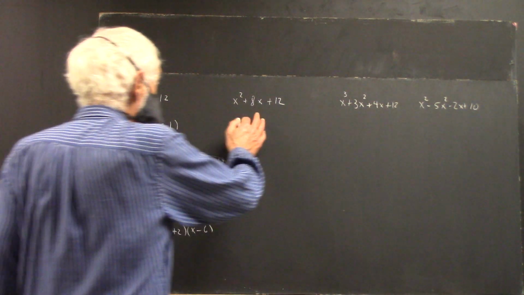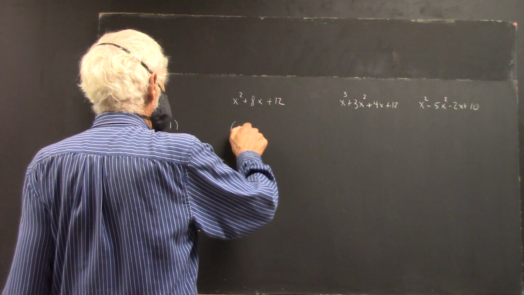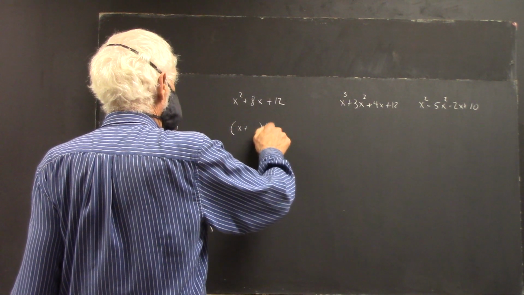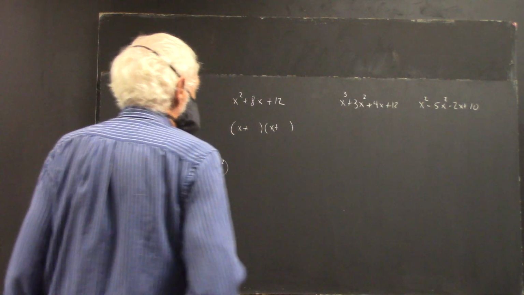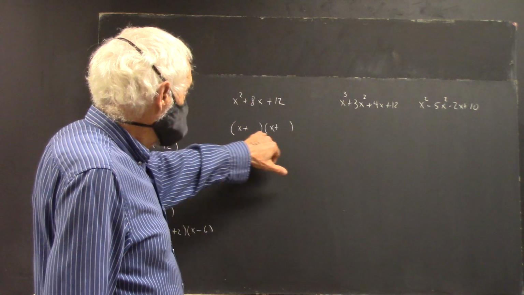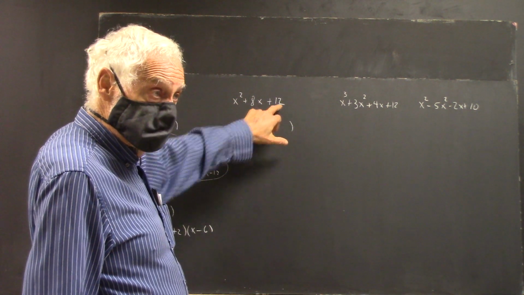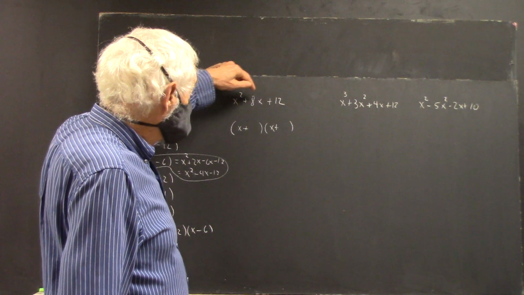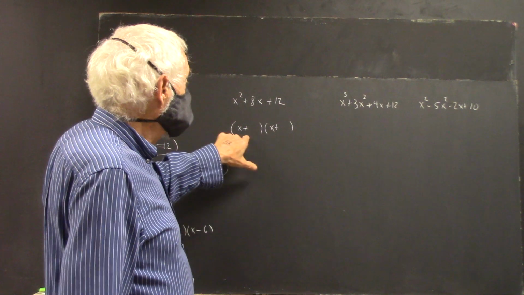Okay, this one. If this factors, it's going to be x plus something times x plus something. And both of these are plus. They have to have the same sign. The number here has to have the same sign as it does here in order to get a plus 12. And then since you got a plus 8x, they both have to be positive.